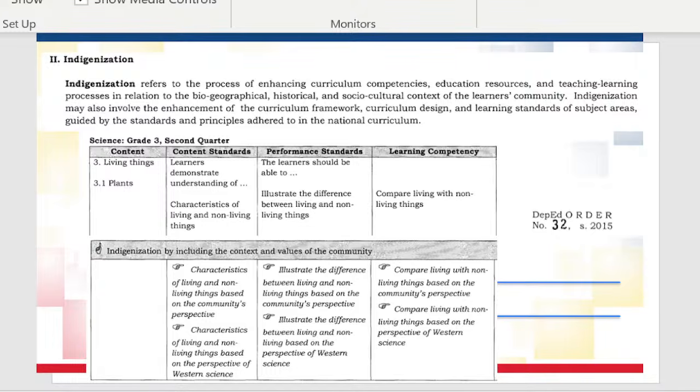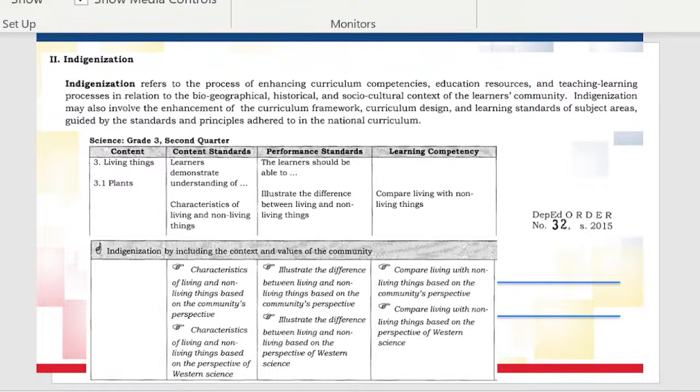So we can enhance the content standards, the performance standards, and relate it to the context and values of the community that you belong.